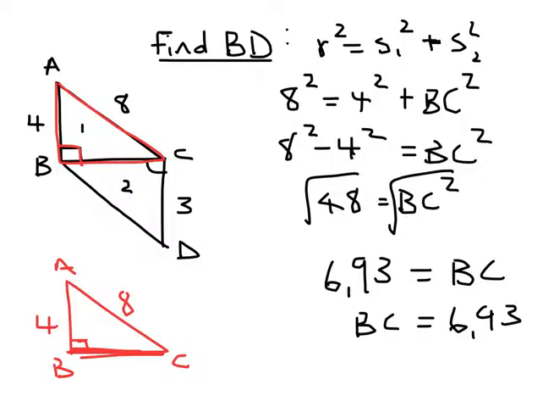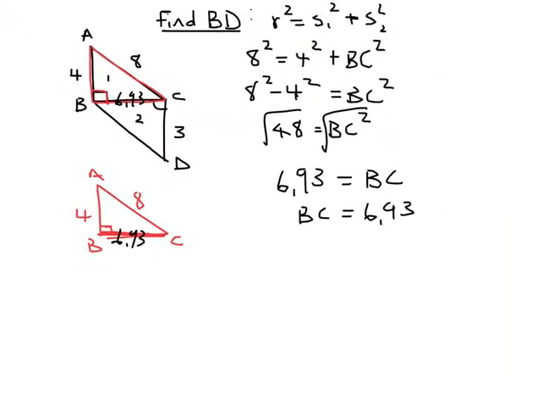Okay, so that means now I know what that side is. It is 6.93. So now that I've got that side being 6.93, I can use it in order to find BD. BD, remember, is the hypotenuse side.